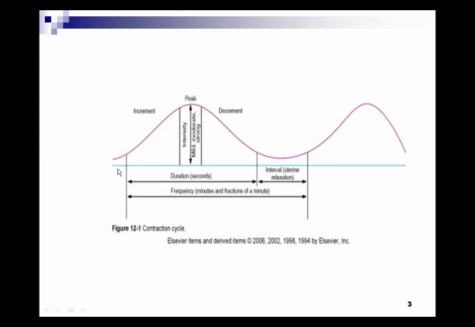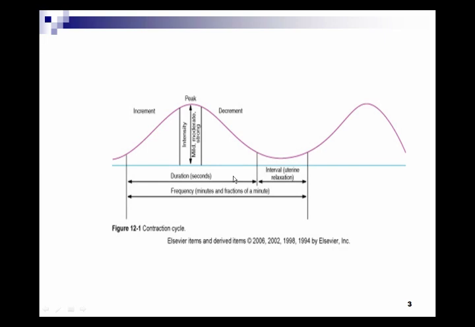Here's the contraction cycle. So as the whole uterus starts to squeeze or contract, it goes up to the peak known as the acme and then comes back down. The duration is from the beginning of a contraction to when it ends.